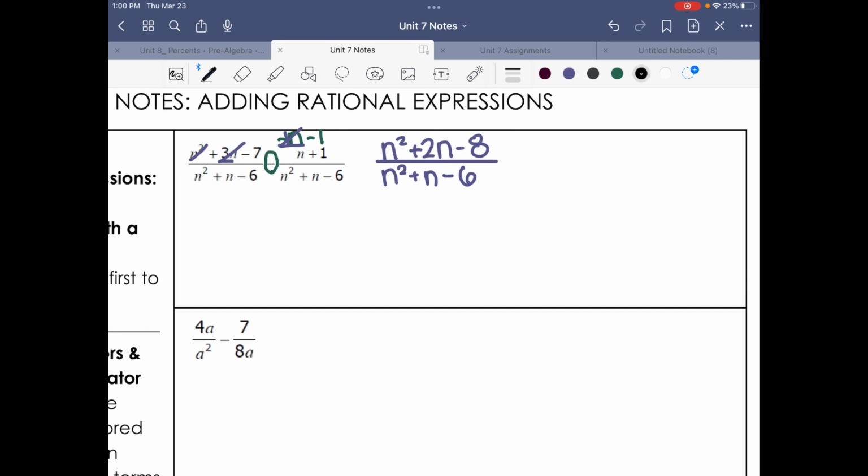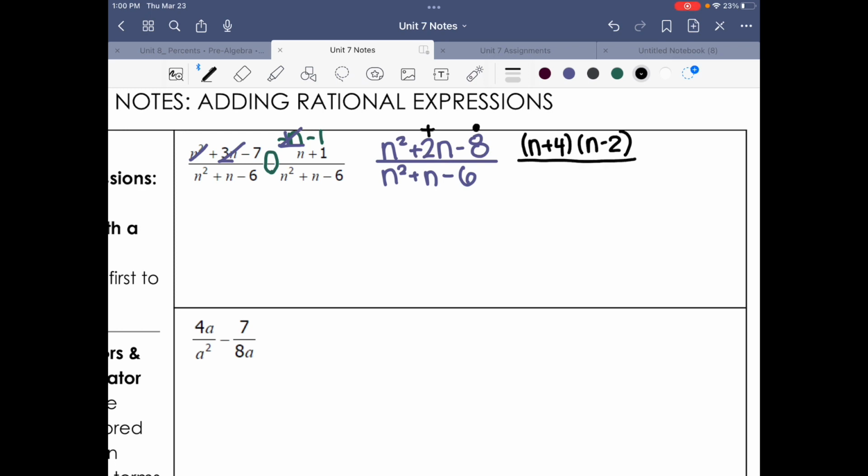Then to simplify, you have to factor the top and the bottom to make sure that something doesn't cross out. For example, they are both trinomials, so you need to find what multiplies to the last number and adds to the middle number. So 4 times 2 is 8, and if I make it positive 4 and negative 2, it multiplies to negative 8 and adds to 2.